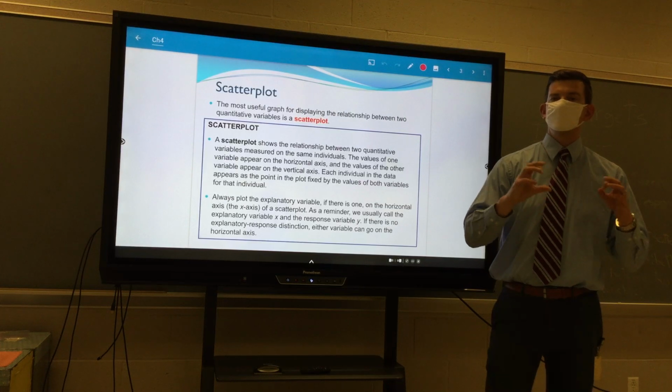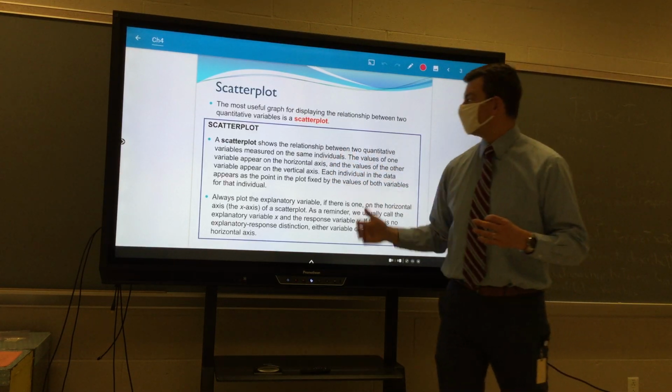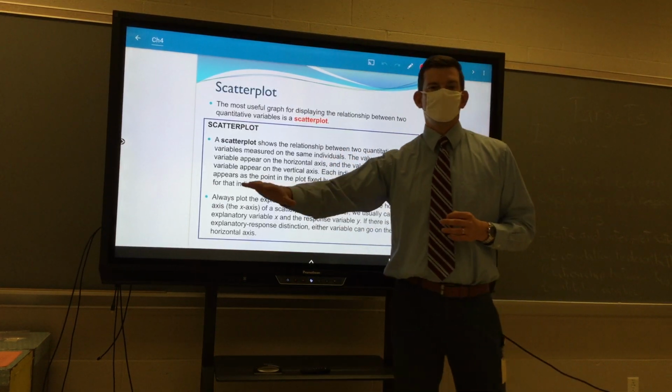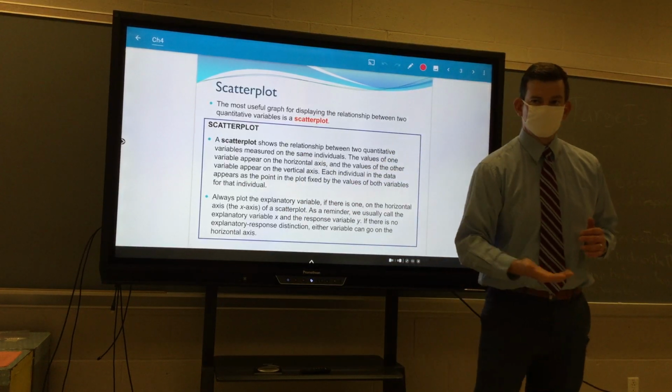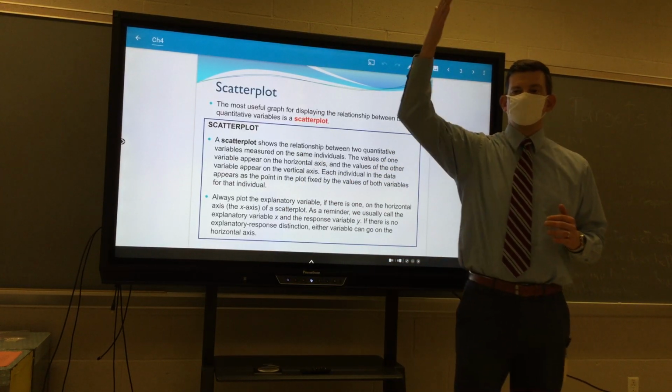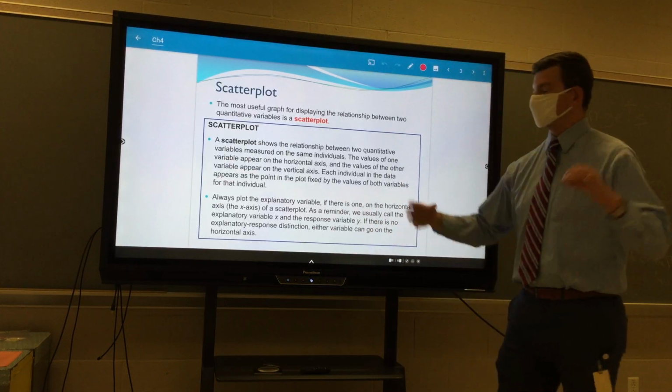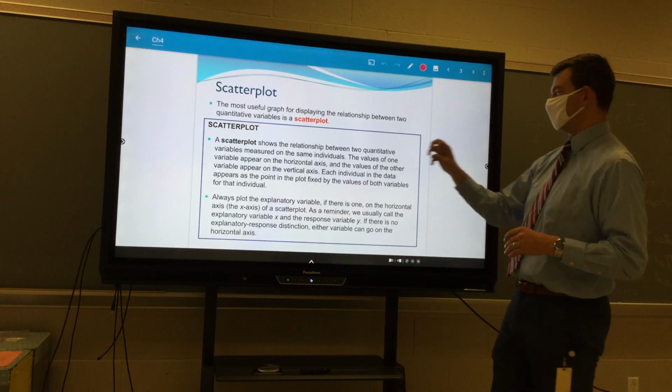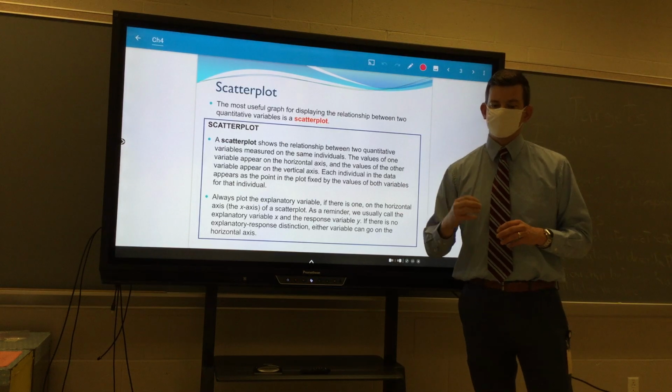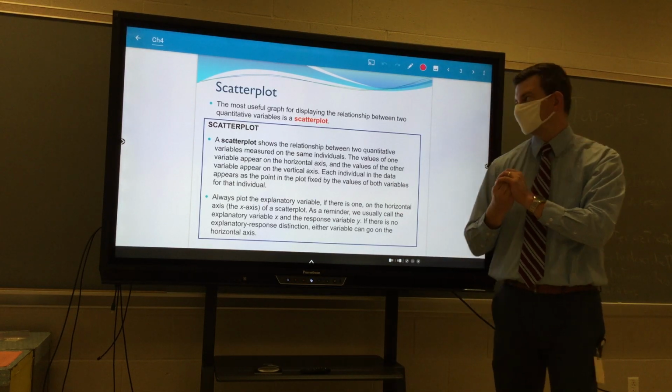Those are all single variables. Now with this scatter plot, on the coordinate plane, the x value is the explanatory variable, the y value is the response variable. You're comparing two things, and a point on that scatter plot represents an x value and a y value. Okay?